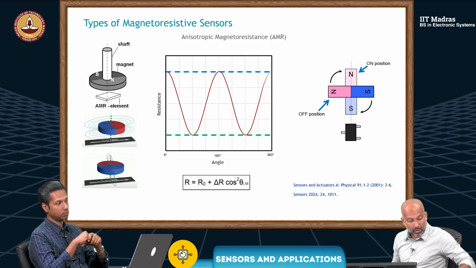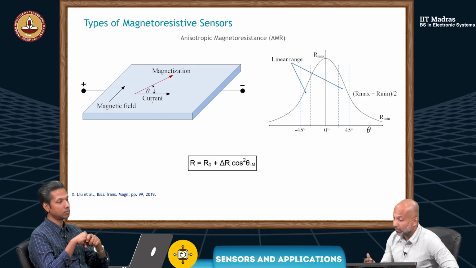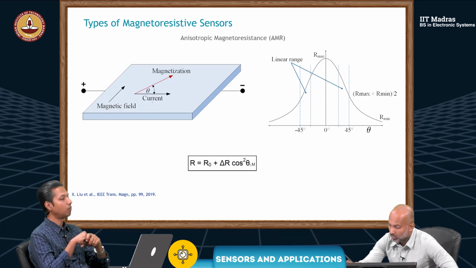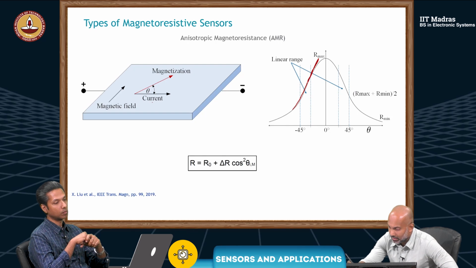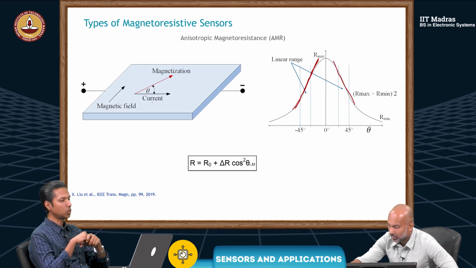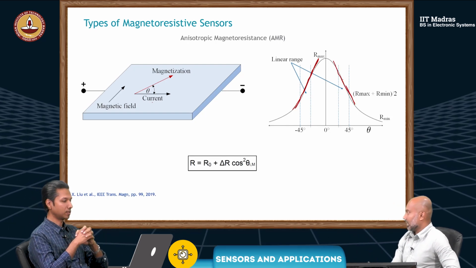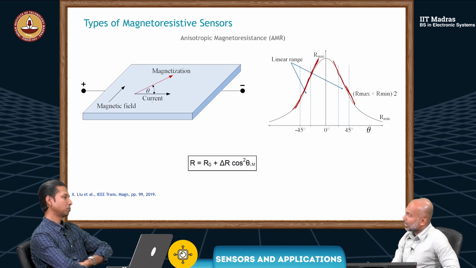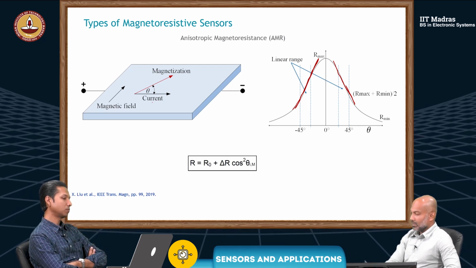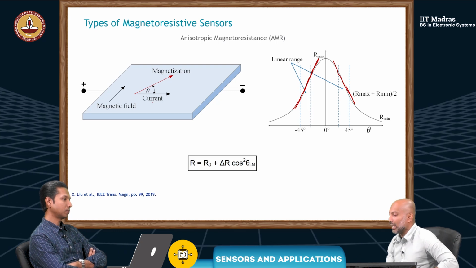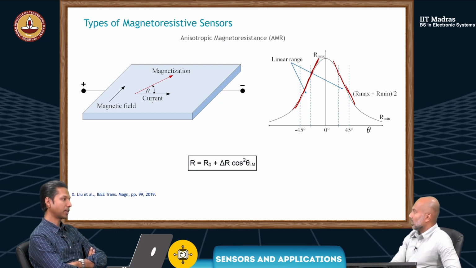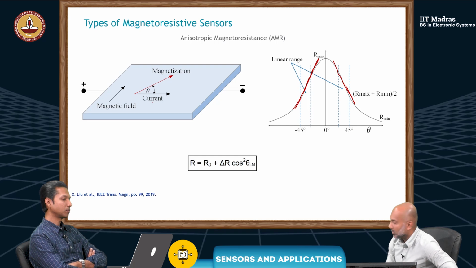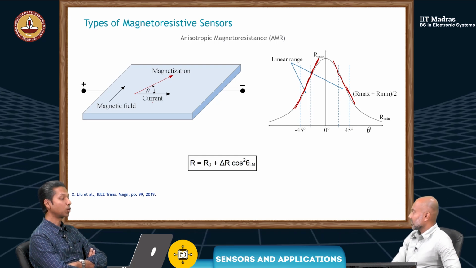If you look at this graph, there are two things. One is that there's a linear region. It looks somewhat linear. What else do you see in this graph? Can we, for example, accurately measure a direction over a range of 120 degrees?